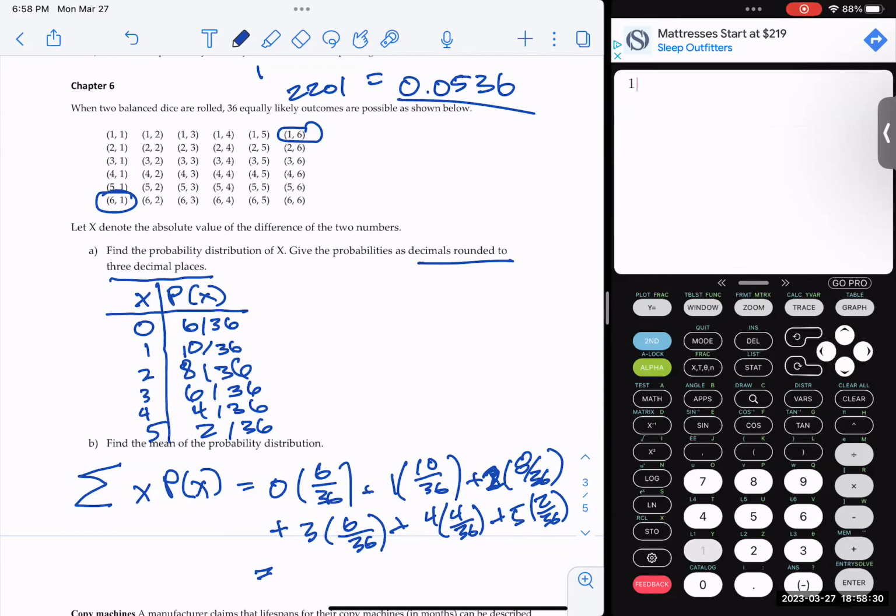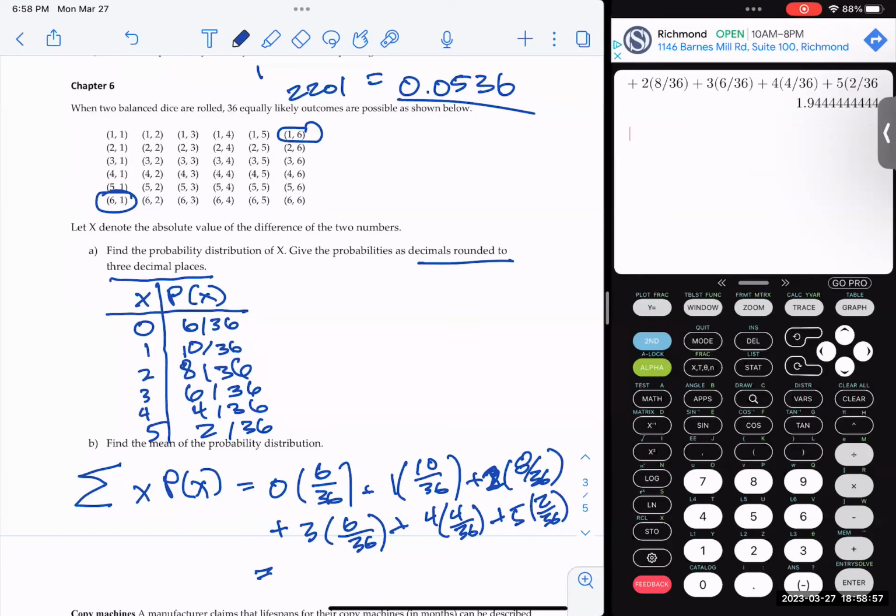And I can say 10 divided by 36 plus 2 times 8 divided by 36 plus 3 times 6 divided by 36 plus 4 times 4 divided by 36 plus 5 times 2 divided by 36.